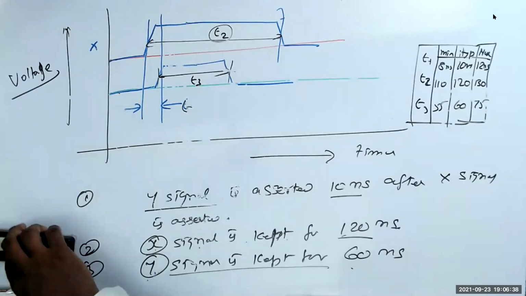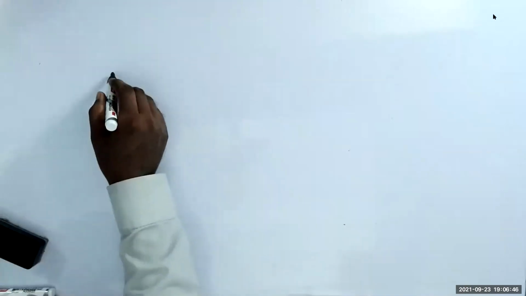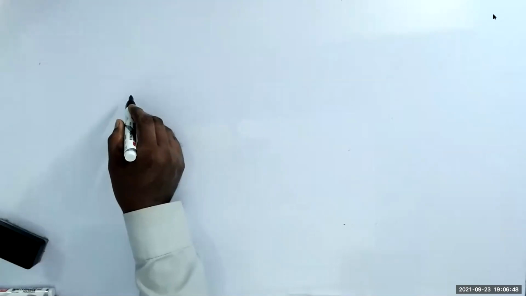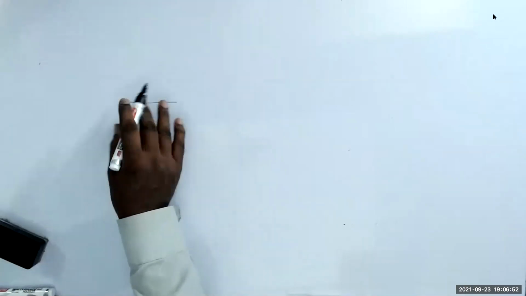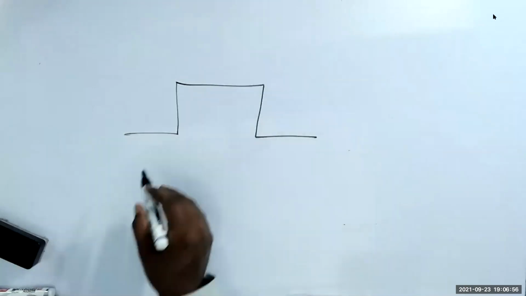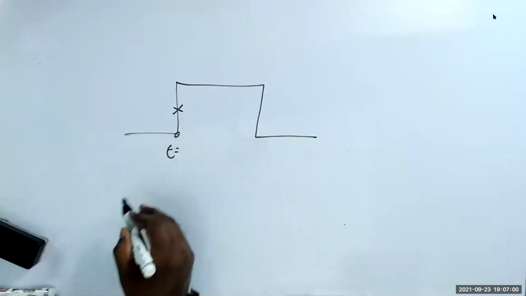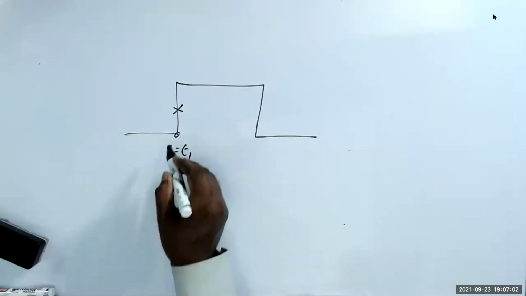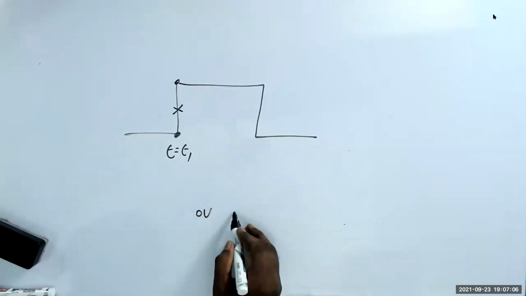Let us take a small thing about microprocessors. Also, you have to understand a few things in timing diagrams. One most important thing: the signal goes from high to low, but we don't draw it like a vertical line because that is not possible. At a given point of time, T equal to T1, the voltage on a wire cannot be 0 volt and 5 volt.